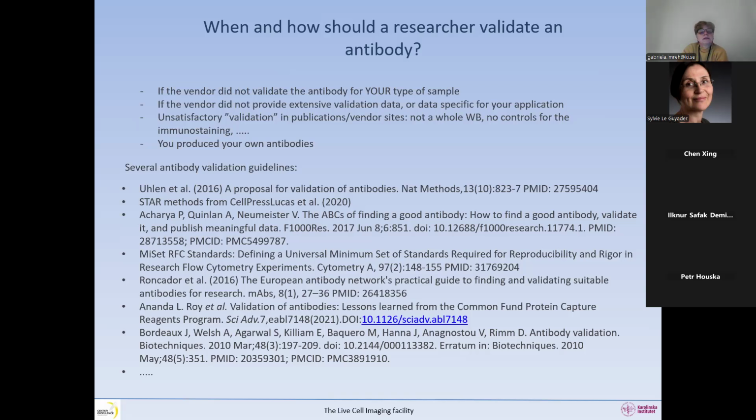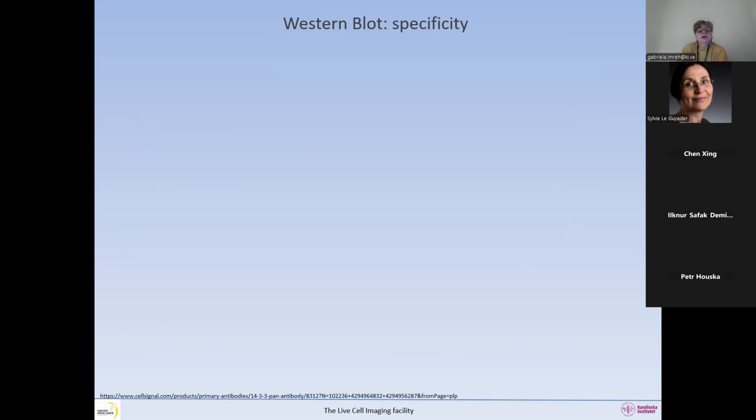Now, among all these validation pillars, there are a few that are widely used, for example, Western blot to show specificity and to characterize some of the important characteristics of an antibody.